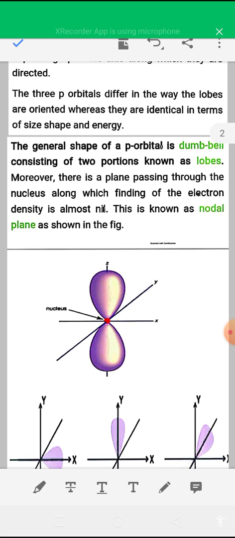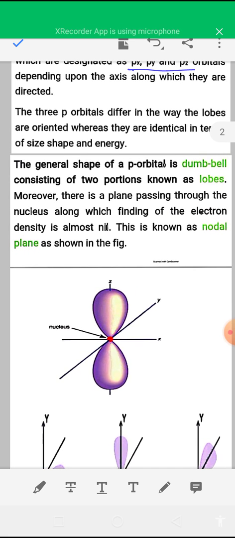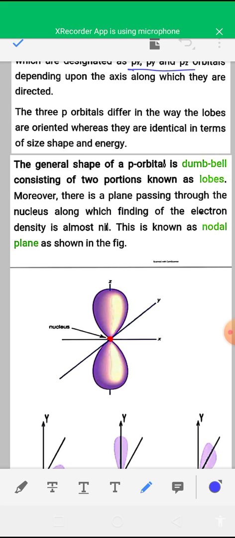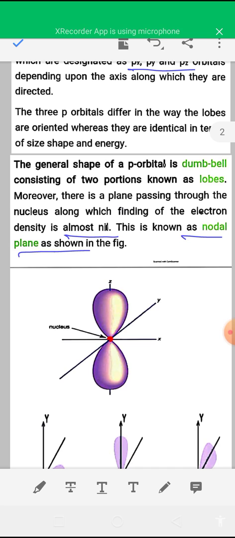The general shape of the p orbital is a dumbbell consisting of two lobes. Moreover, there is a plane passing through the nucleus along which the electron density is zero, and this plane is known as the nodal plane.